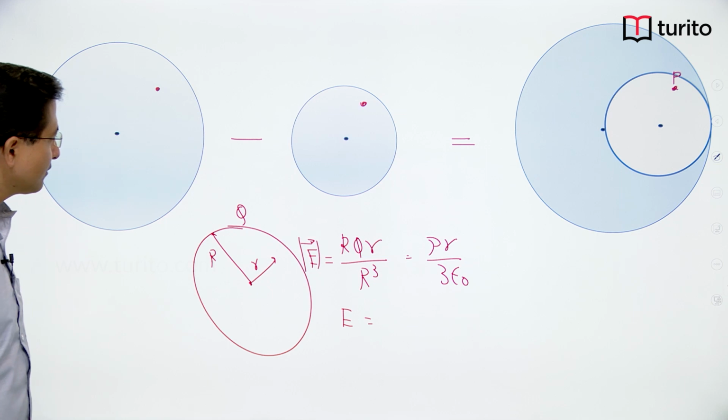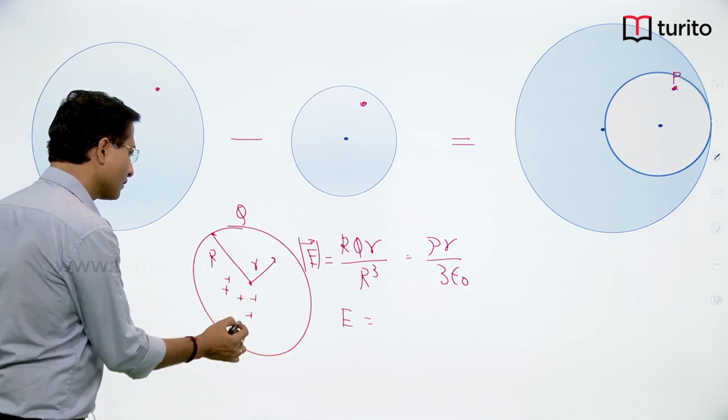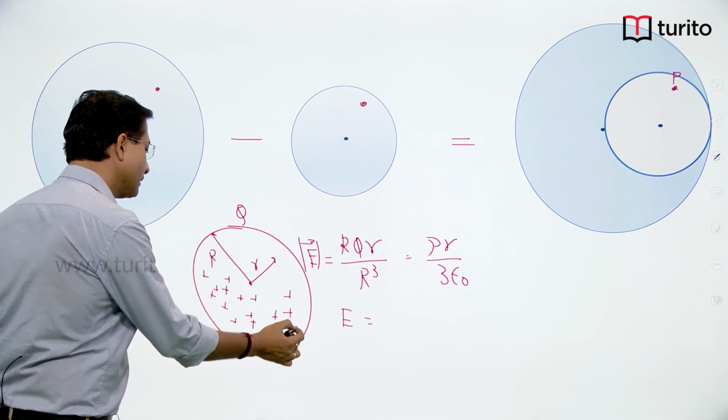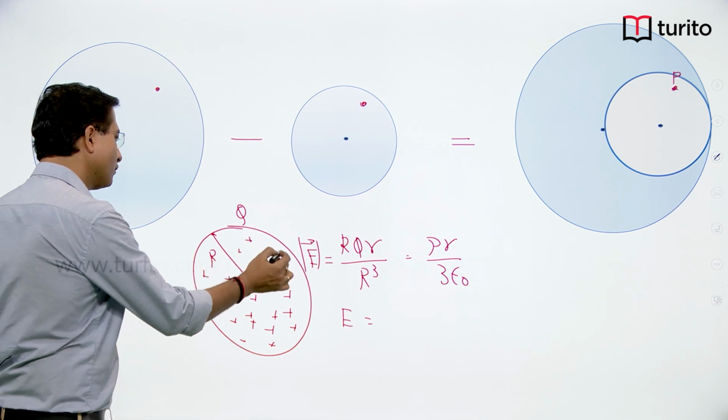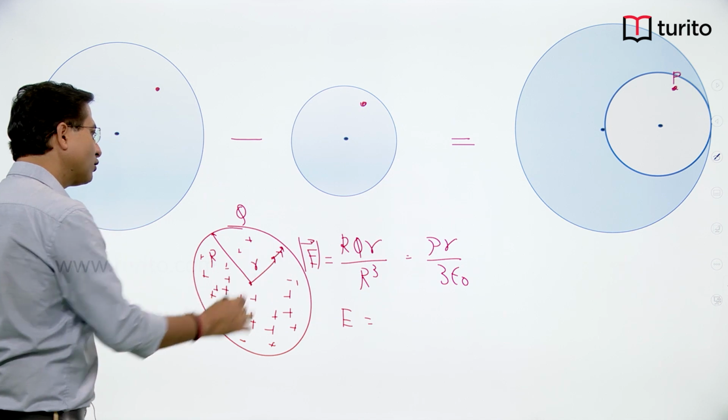If I want this in vector form, if charge is positively distributed, like if charge is uniformly distributed over the whole volume, then at this particular point the field will be radially outward.